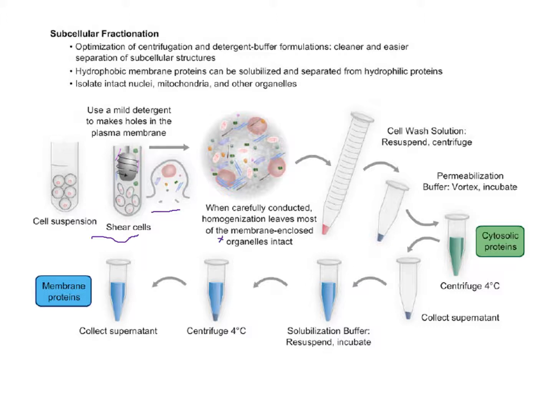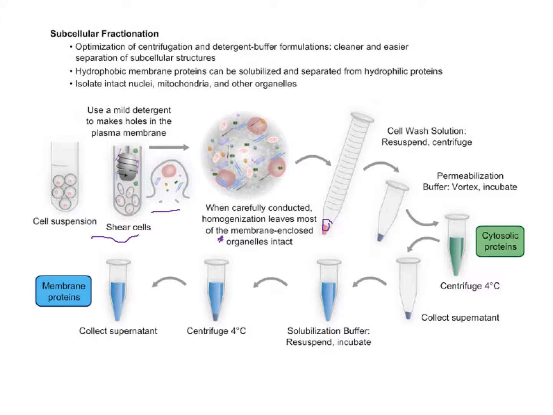If we want to study mitochondria and they are destroyed by this process, then it would not be a valid process. So we can centrifuge the homogenate and get a pellet that contains all the organelles.